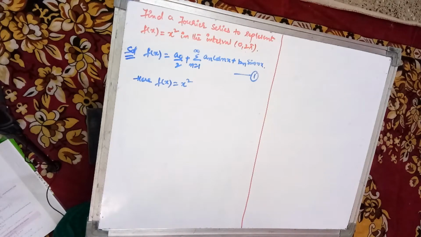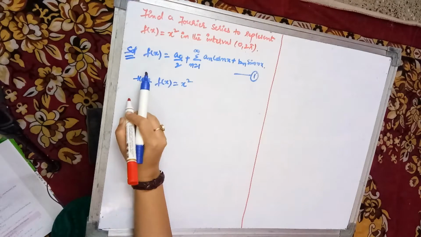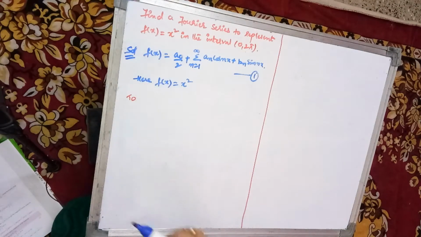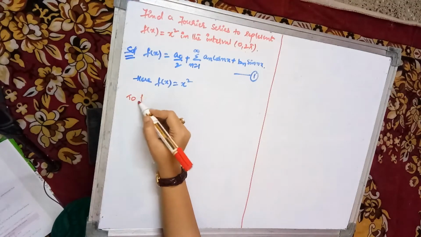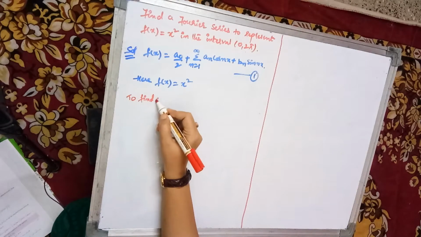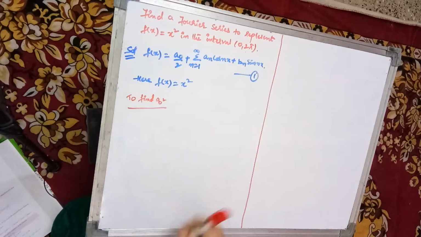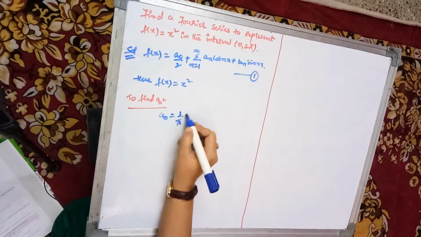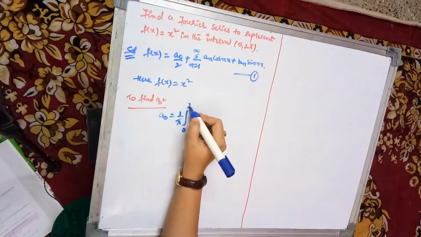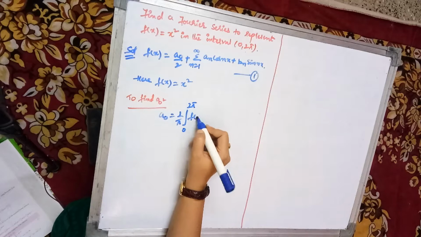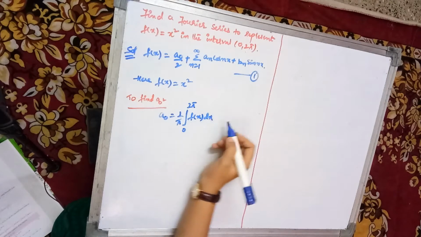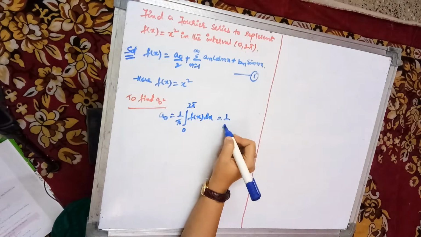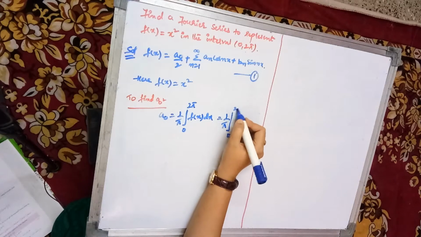First we will find a0. What's the a0 formula? a0 is equal to 1 by pi integrating from 0 to 2 pi f of x dx, which is 1 by pi integrating from 0 to 2 pi.